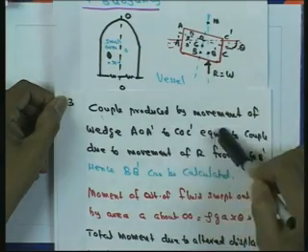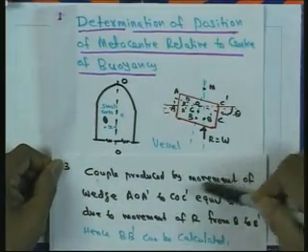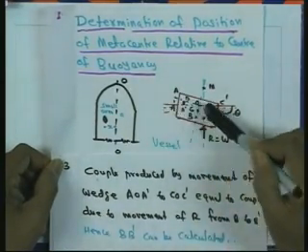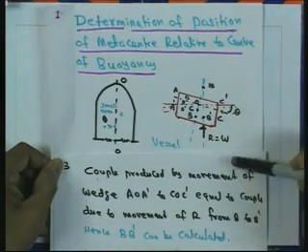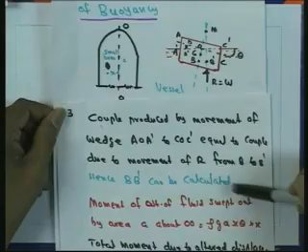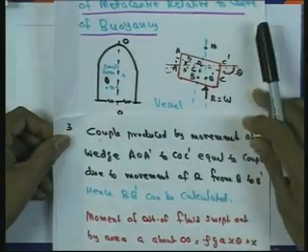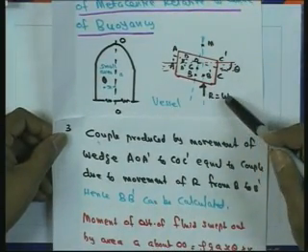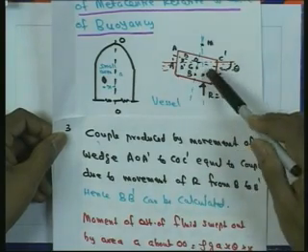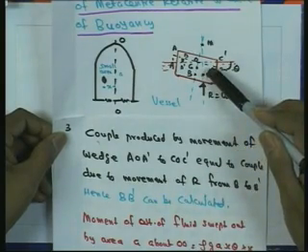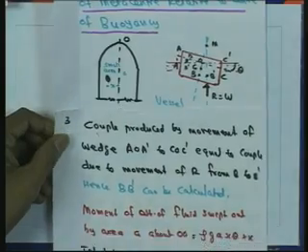So due to the movement of R from B to B dash, the new position of the center of buoyancy, hence B dash we can calculate.